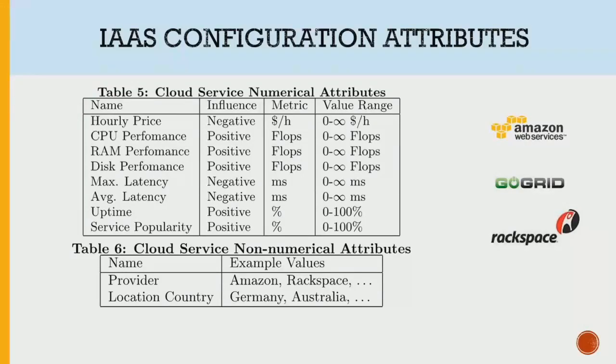What is the price, how good is the CPU performance, the RAM performance, the disk performance? These metrics are not given by the cloud provider. You can only find them out through benchmarking. After my lecture, I will show you a demonstration of how to actually benchmark this. We have a tool ourselves that we built to benchmark web applications on Amazon Cloud. We'll demonstrate that to give you more of a feeling for how it's actually done.